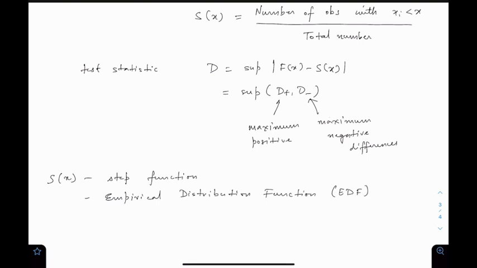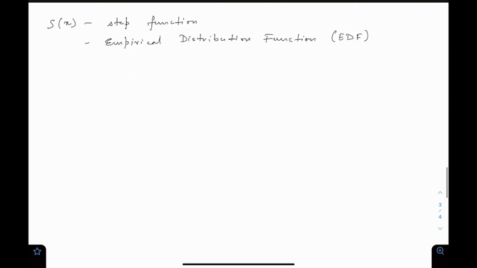To calculate S(x), we sort all n elements in ascending order of their values and add 1/n at each location xi to S(x). So S(xi) is the fraction of observations with x values less than or equal to xi. S(xi) would be i/n and S(xn) would be 1.